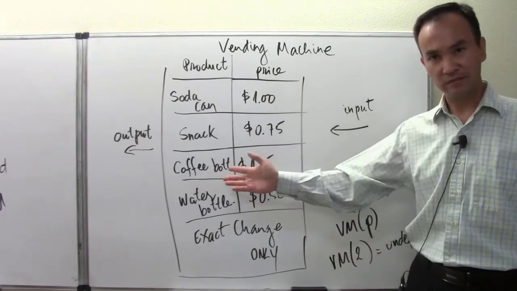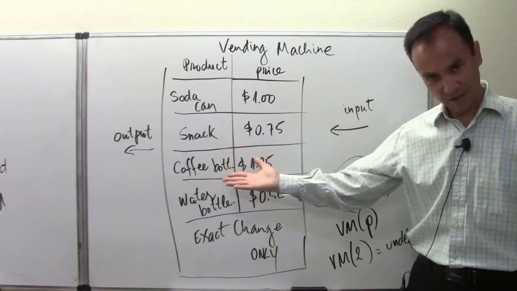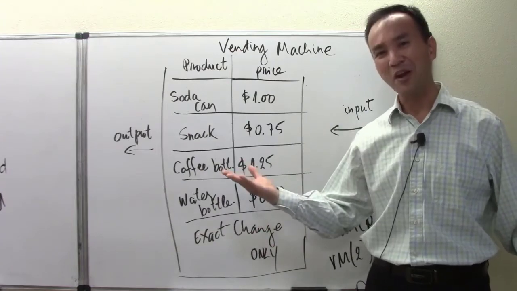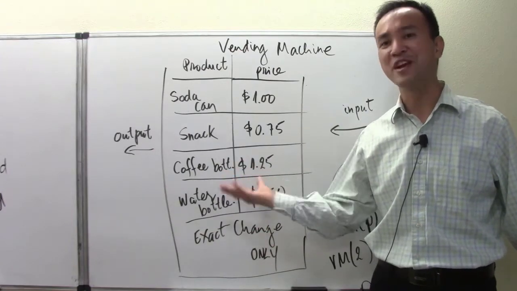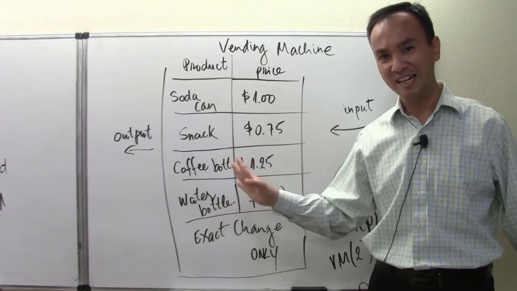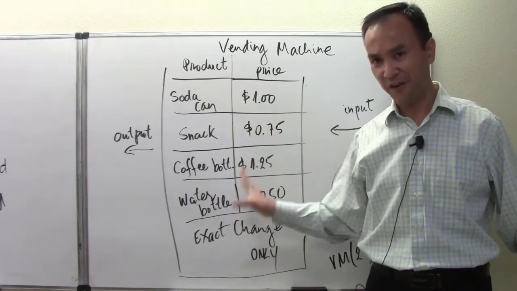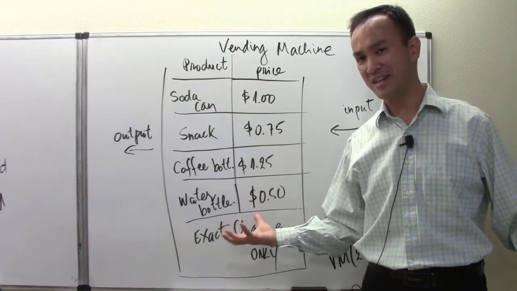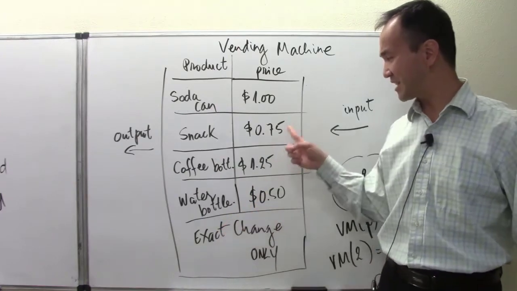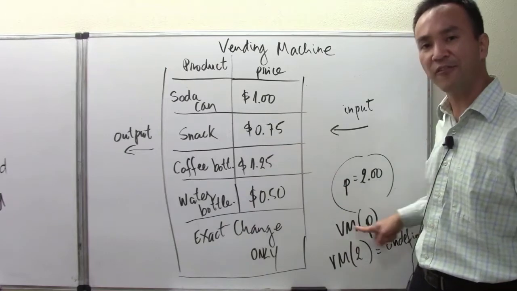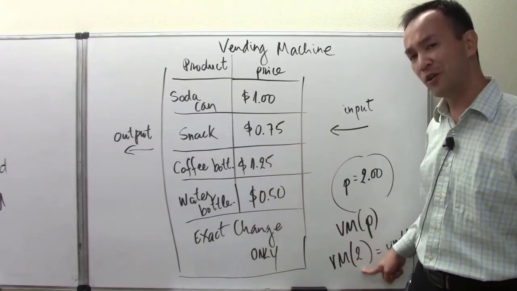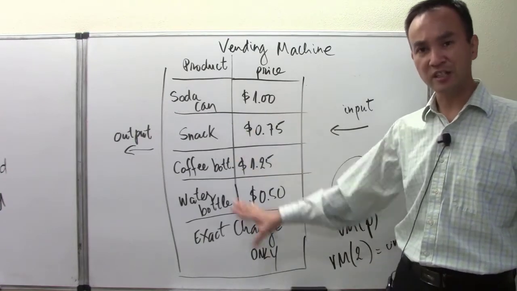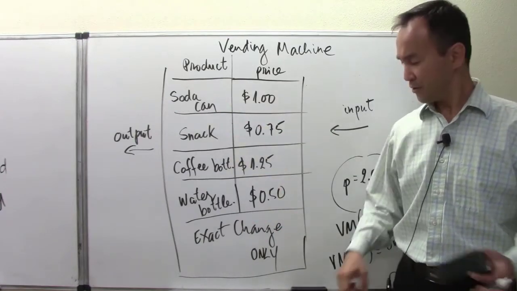If someone is not happy with the way this machine is designed, then maybe you can raise that concern with the manufacturer who created it. But once it is already created and functioning as a function on its own, it does not have a definition for input 2. So when you provide $2, this machine does not know what to do.